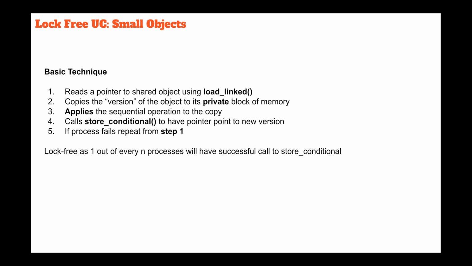Essentially, after performing the sequential operation, we have a new version of the data object in our private copy. We use store conditional to swap the pointers and make it available to everyone. And if the process fails, then we repeat step 1.